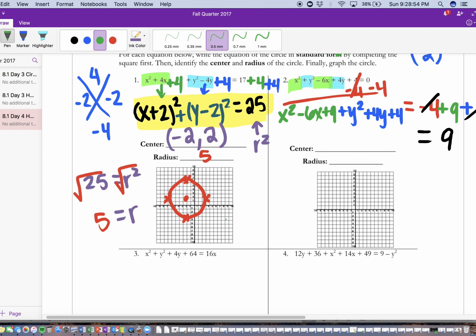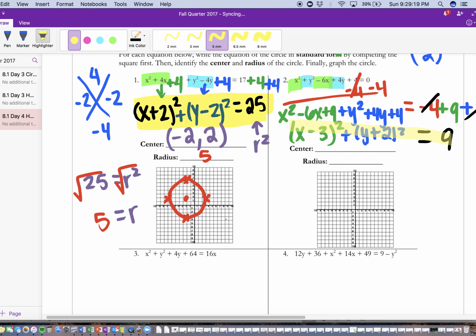Or you can realize the pattern is this is going to just be x and then take the b term divided by 2, so that's negative 3, so minus 3 squared, right? The y terms, this will be y plus 2 squared, because 4 divided by 2 is 2, okay, equals 9, right? So this is my equation in standard form.